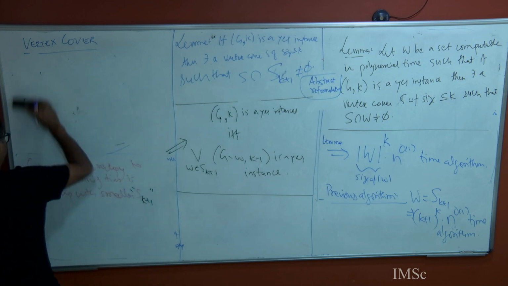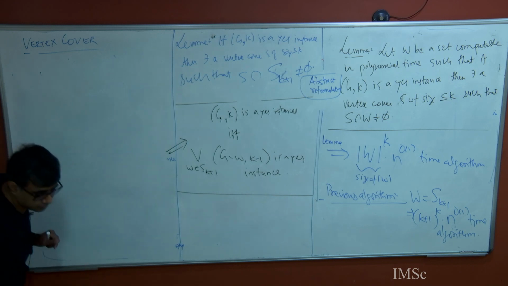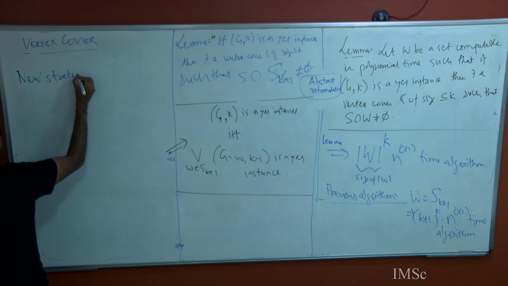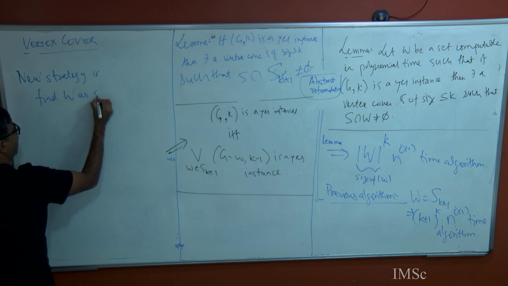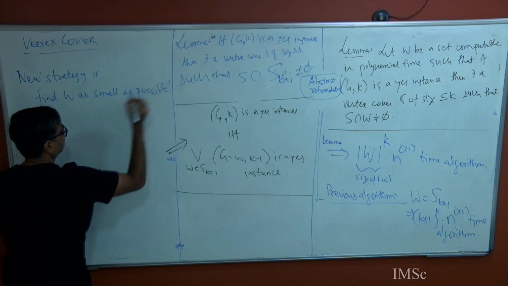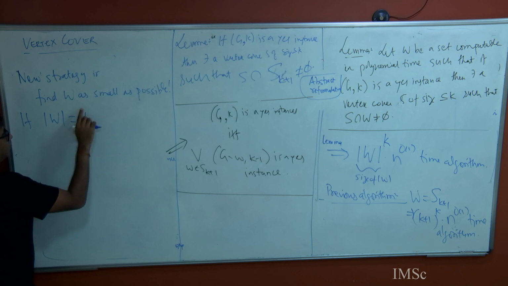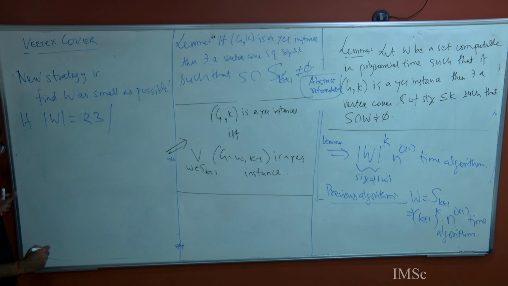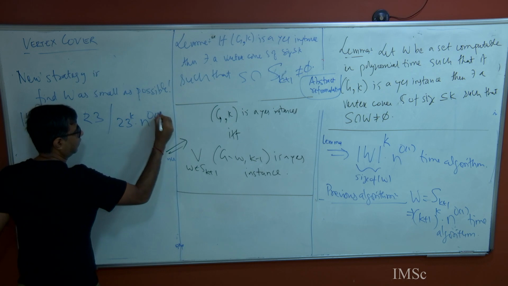So our new strategy is to find W as small as possible. If W had size 23, what running time will we get? We will get a 23 to the power k time algorithm.